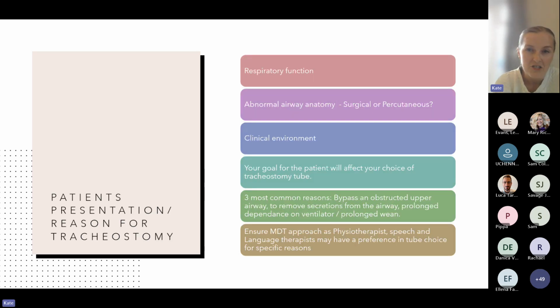So patient's presentation and the reason for their tracheostomy. So for me, we always need to look at their respiratory function. On critical care, the majority of the time, there still needs to be a degree of positive pressure ventilation. So for us, we always used cuffed tracheas, or for the majority of our patients, we used cuffed tracheas, and in different environments, this would be different.